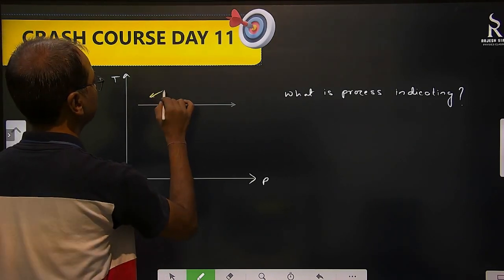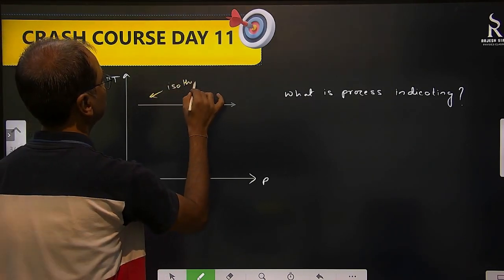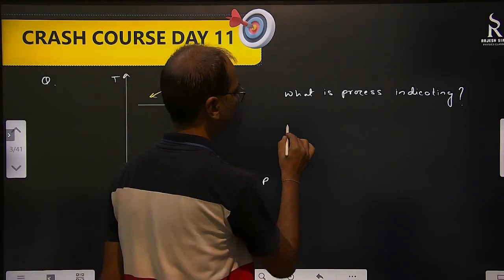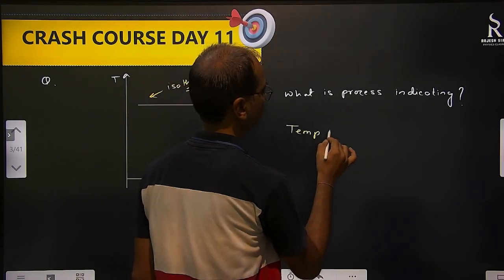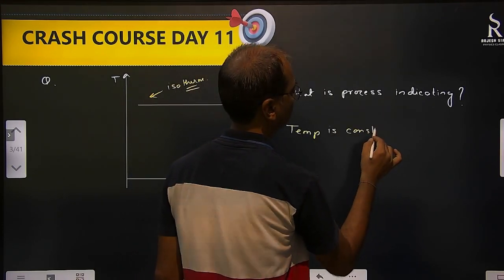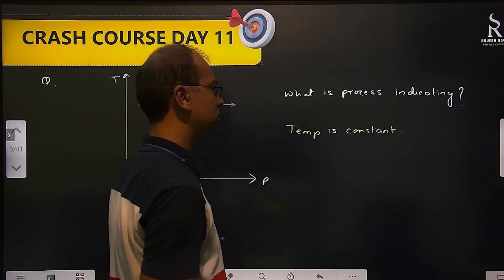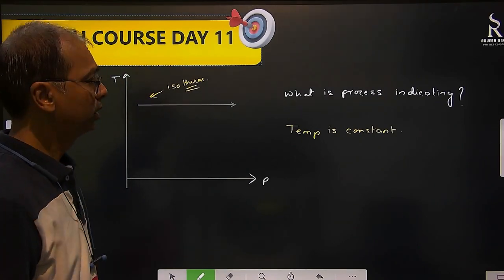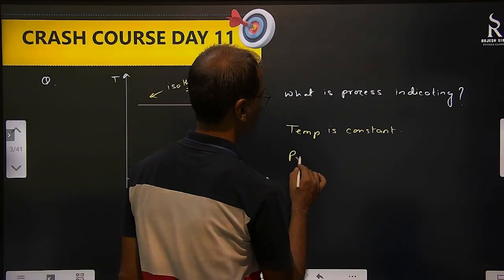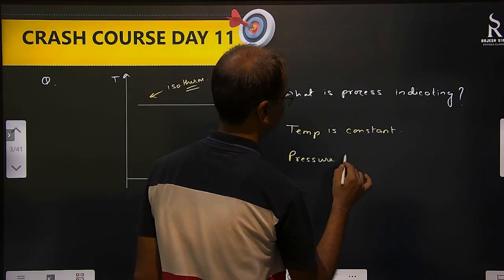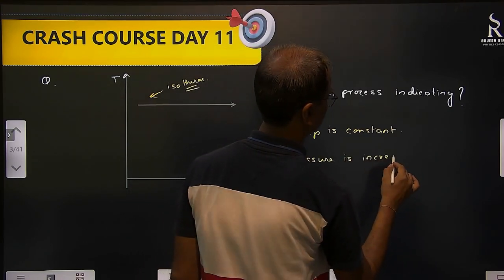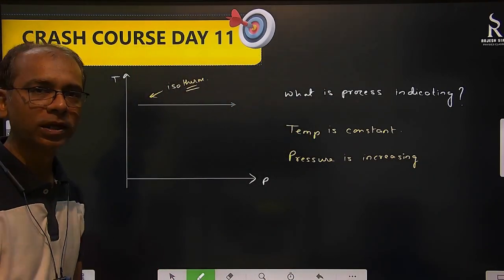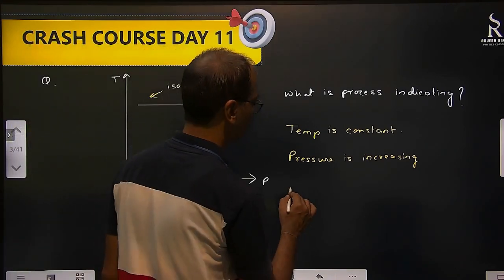This is also an isotherm. So the process is indicating first temperature constant, fine, but pressure is increasing, right? Temperature constant, pressure is increasing means volume has to decrease. So volume is decreasing.